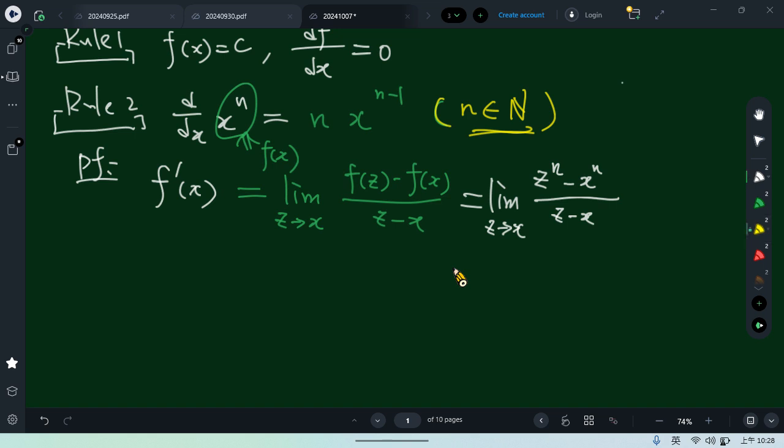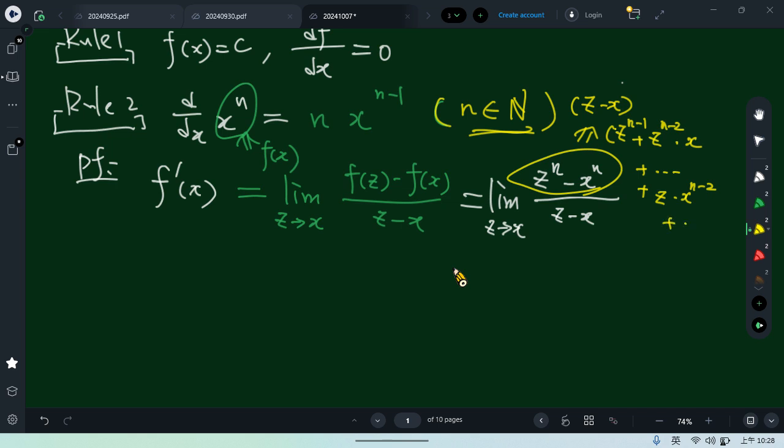We can decompose the numerator as z minus x times z to the power of n minus 1, plus z to the power of n minus 2 times x, and so on, up to z times x to the power of n minus 2, plus x to the power of n minus 1.